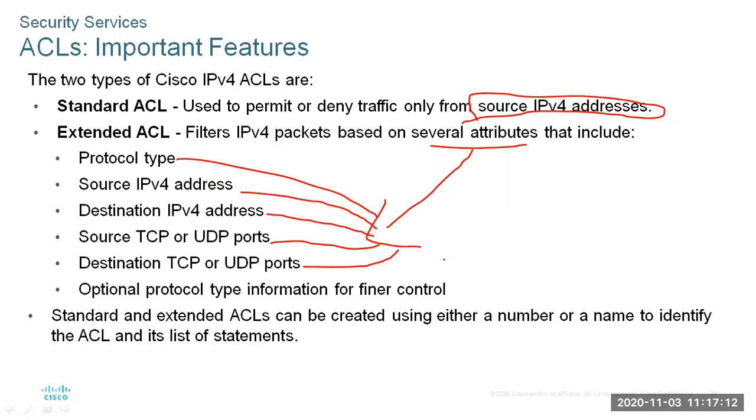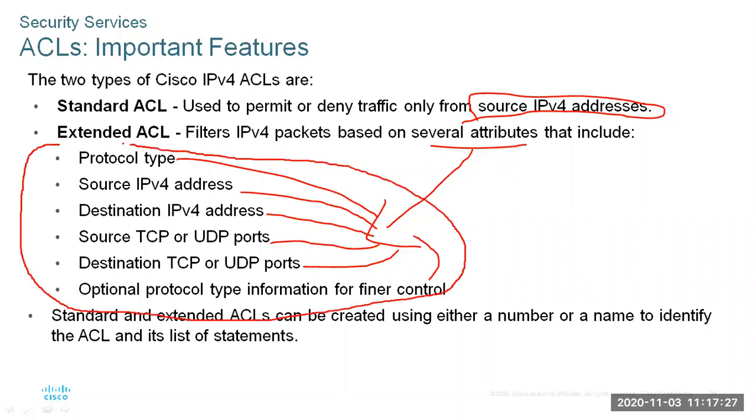It can also be based on optional protocol type information. Once you apply an access list or security feature that depends on this information, you are creating an extended access list.